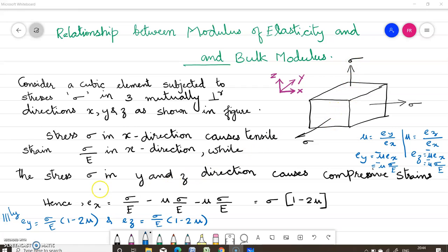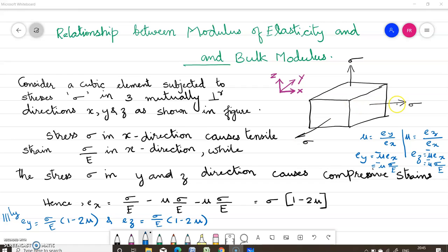So we can write Ex, that is the strain in x direction, is sigma by E, which is positive, minus mu into sigma by E, which is the strain caused by the stress in the y direction.